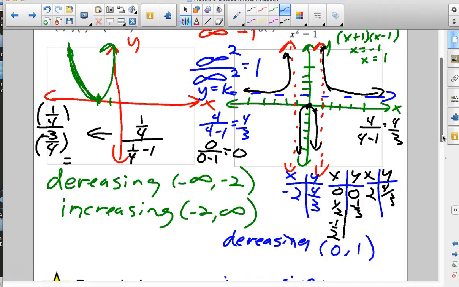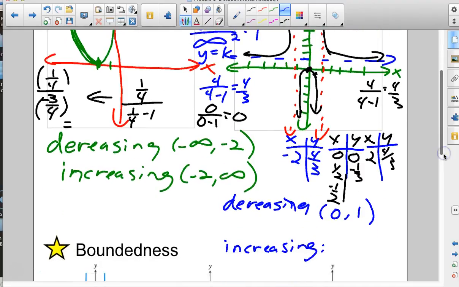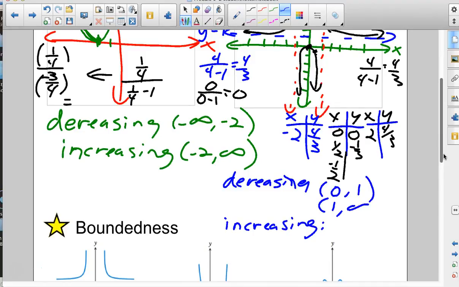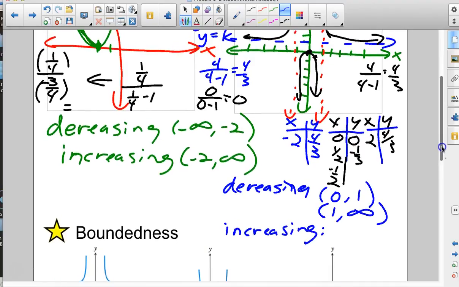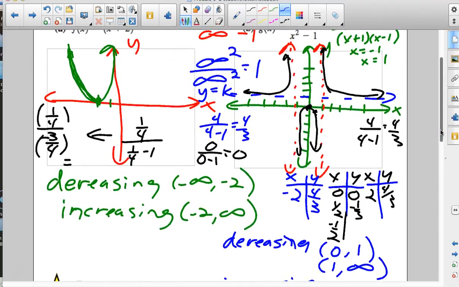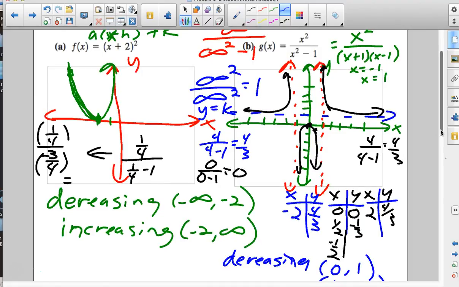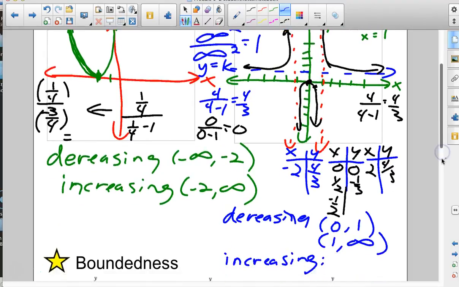So what should we use for the interval for that one? 1 to infinity. Now let's go back and grab our increasing if we didn't already write those down. Usually when I do these, I just start left to right and write them down as I go. But this was definitely going up, so what's our interval for this piece? Negative infinity to negative 1.